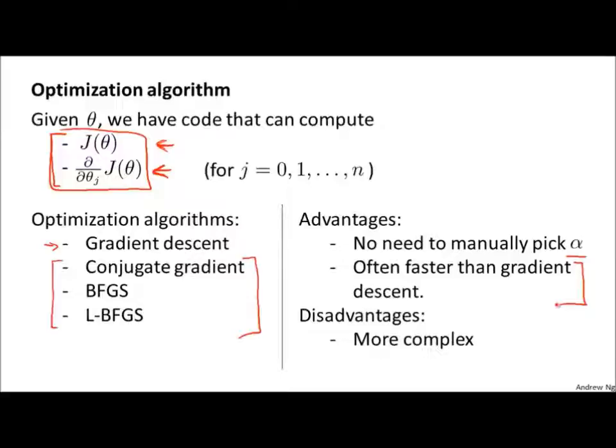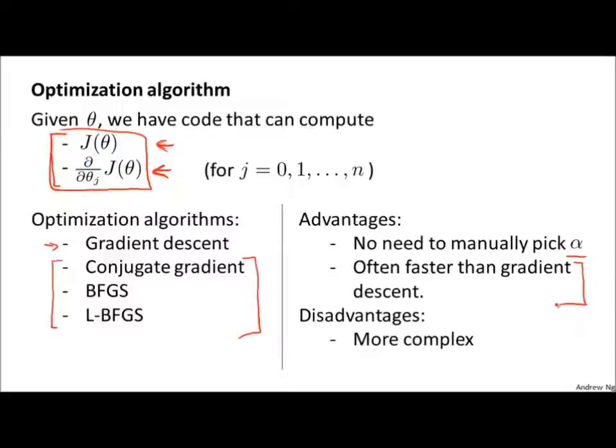In fact, I used to use these algorithms for a long time, maybe over a decade, quite frequently. It was only a few years ago that I actually figured out for myself the details of what conjugate gradient, BFGS, and LBFGS do. So it is actually entirely possible to use these algorithms successfully and apply them to lots of different learning problems without actually understanding the inner loop of what these algorithms do.